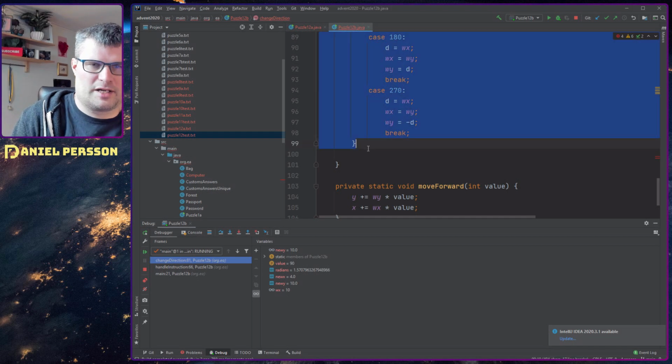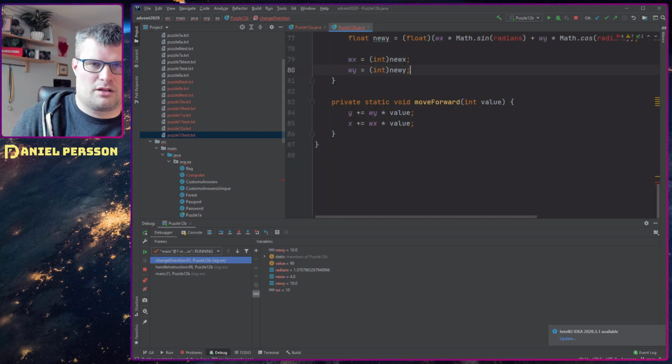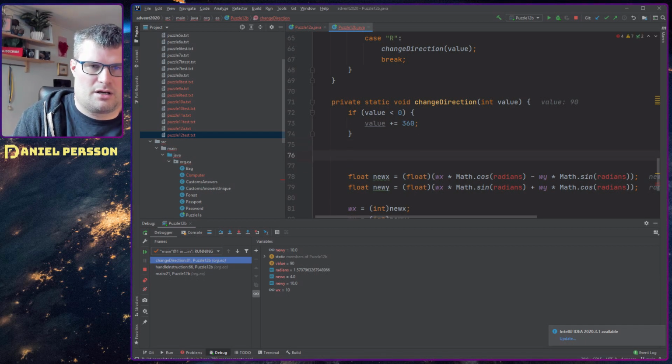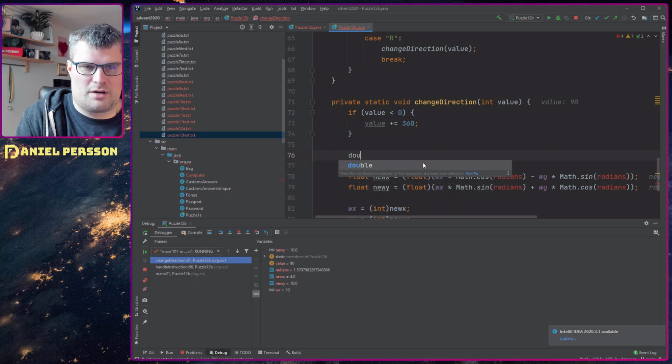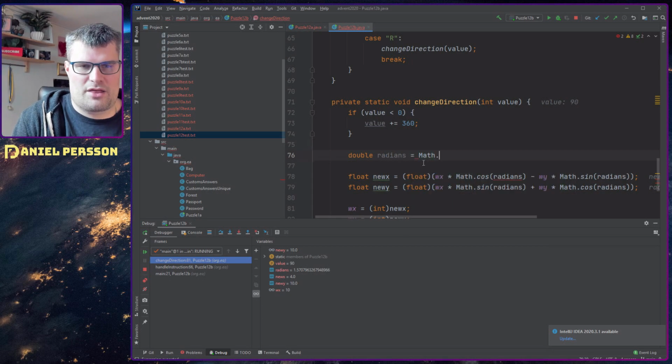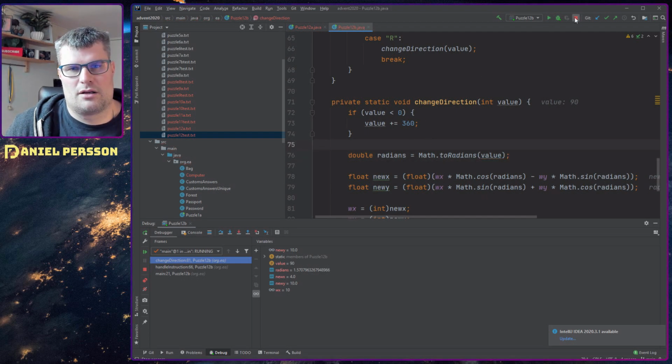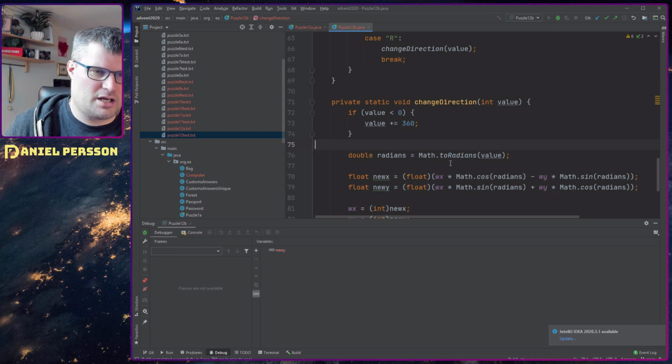We could probably use double radian equals to math to radians value. Don't know why that disappeared. So let's try that and see what we get.